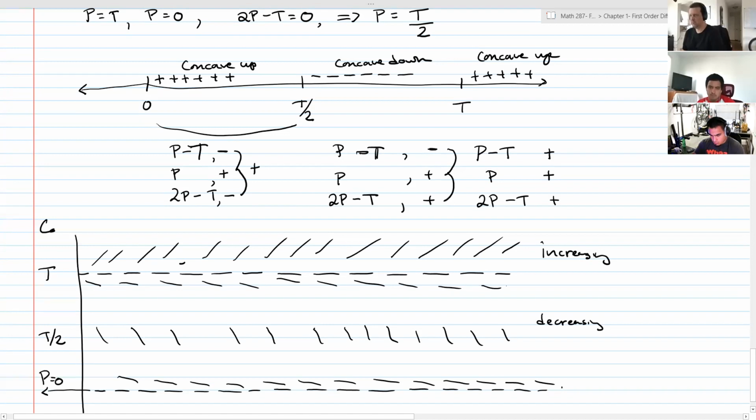So now C is asking us what happens. We're going to consider the cases when P naught is less than T, and when P naught is greater than T. So we'll follow our solution curves. Let's say, for example, here's P naught and it's below T. If we follow this solution curve, we're going to decrease and then we have a change in concavity, and then we're going to approach equilibrium, going down towards zero.